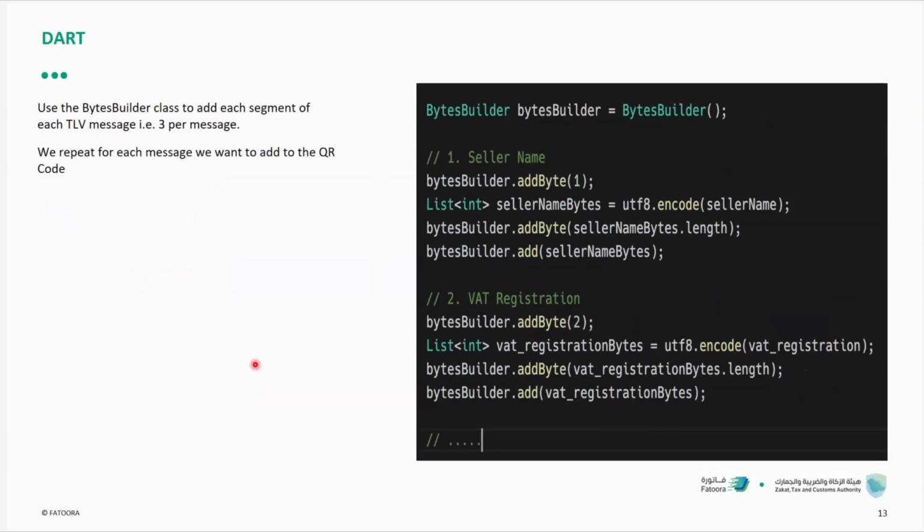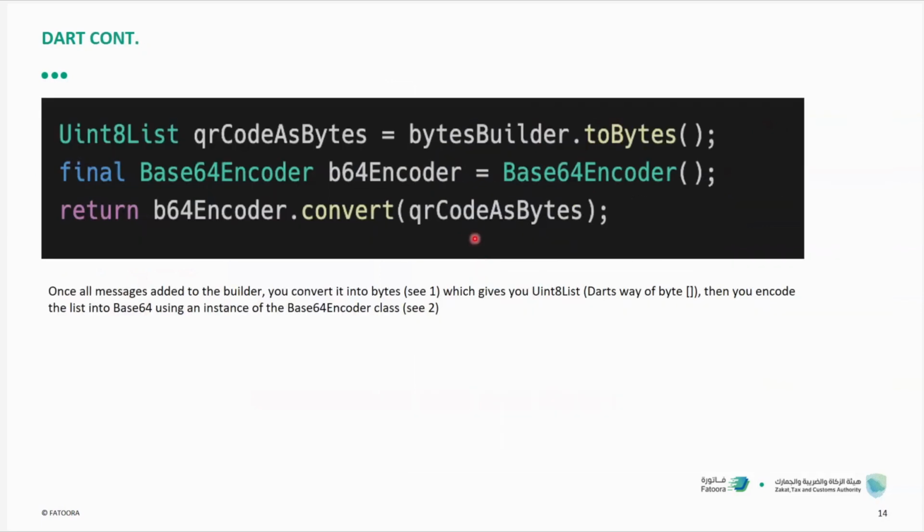This is how we do it in Dart. The same lines of code are going to be repeated for each of the values that you have, or the TLVs. And then finally, what you need to do is concatenate them and then encode them into base64.